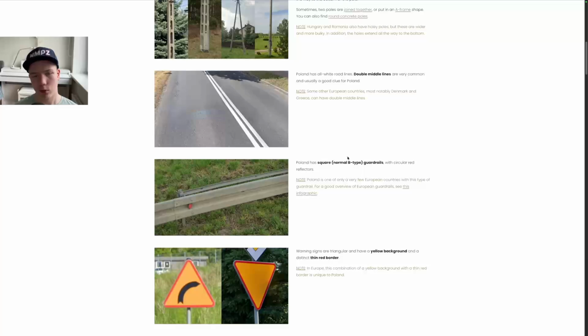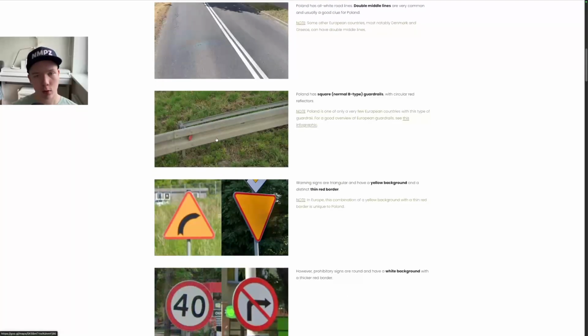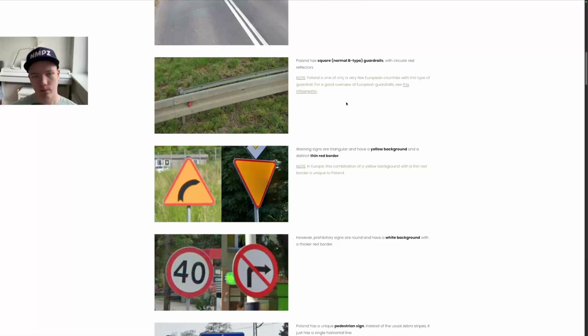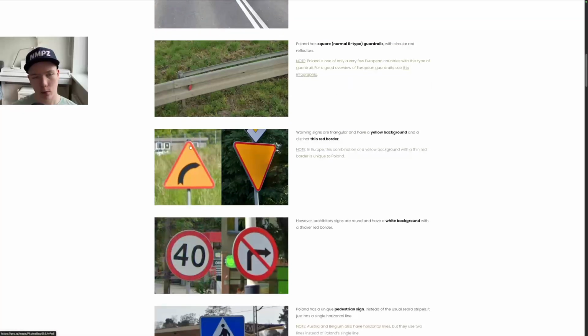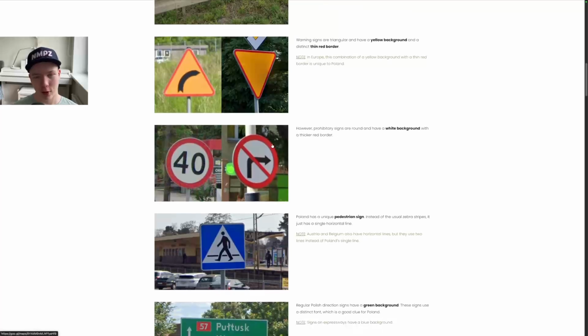Square B-type, normal B-type guardrails. These signs, a really thin red border and yellow in the middle. I don't know why they do it like that. It looks kind of weird.